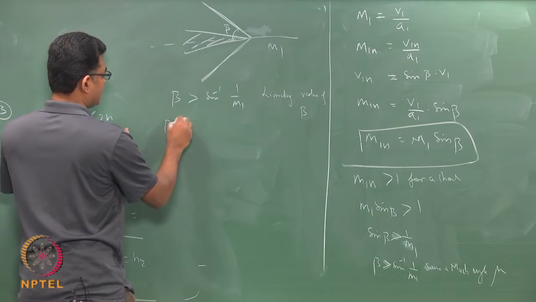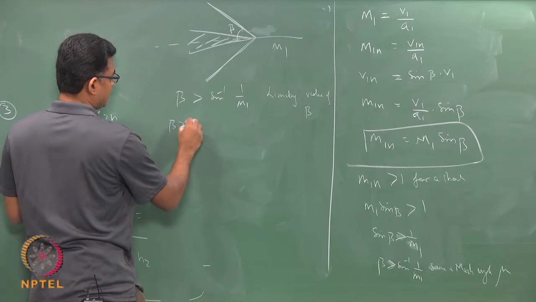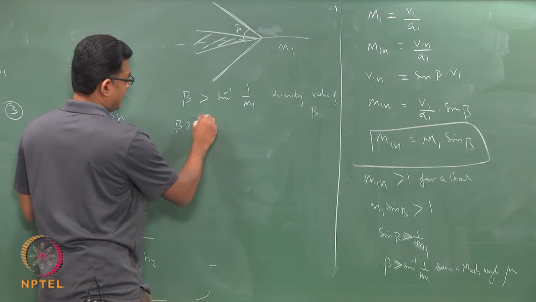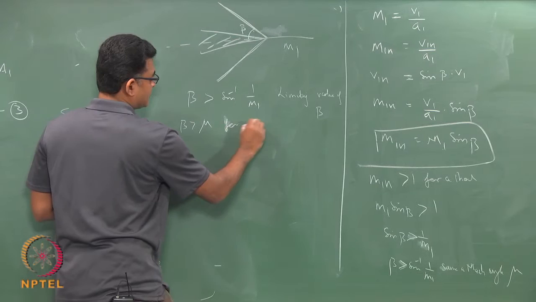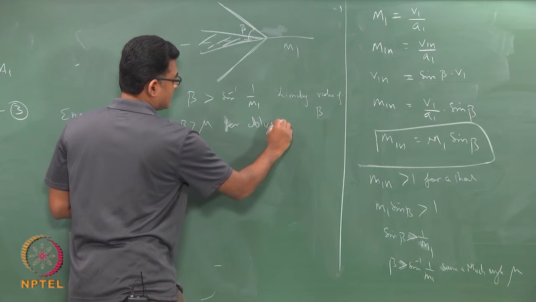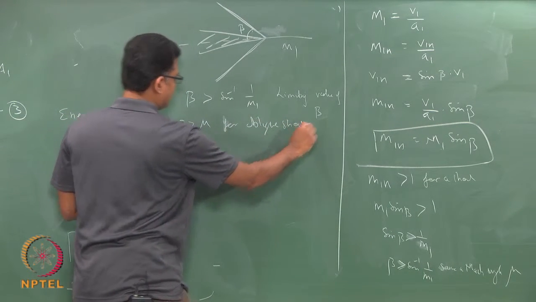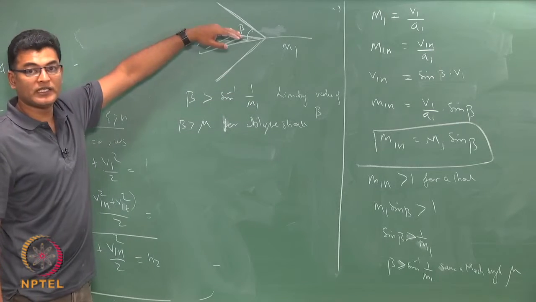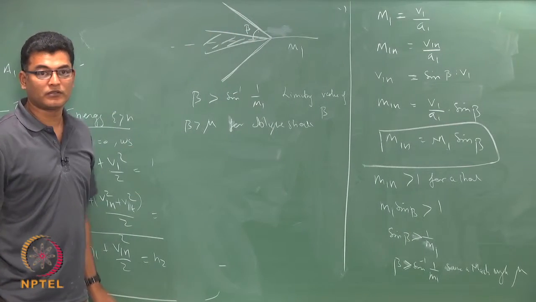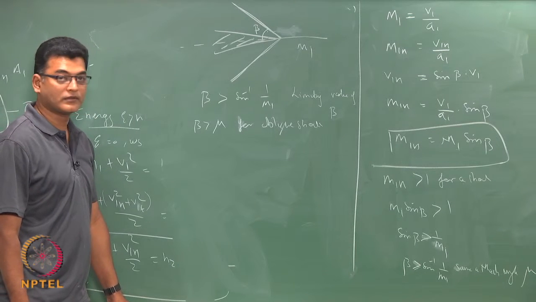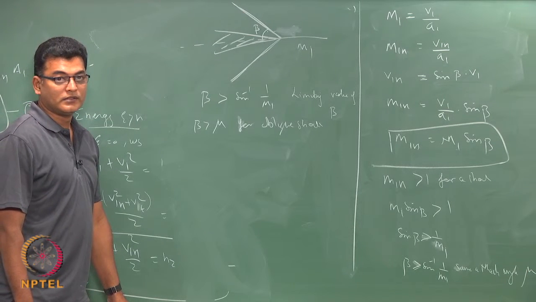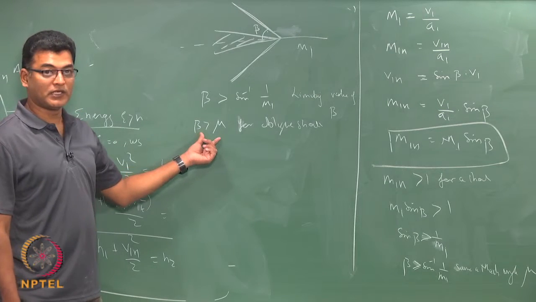So, beta should be greater than my Mach angle for an oblique shock. I cannot have a shock inside my Mach cone. That is what it essentially means. So, this is when M equals 1.